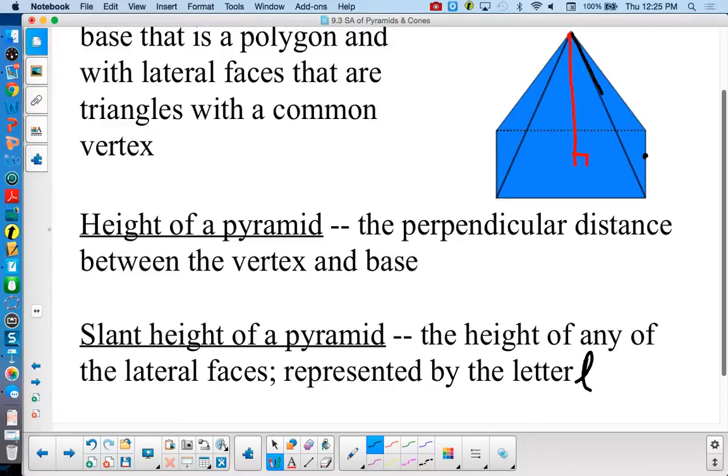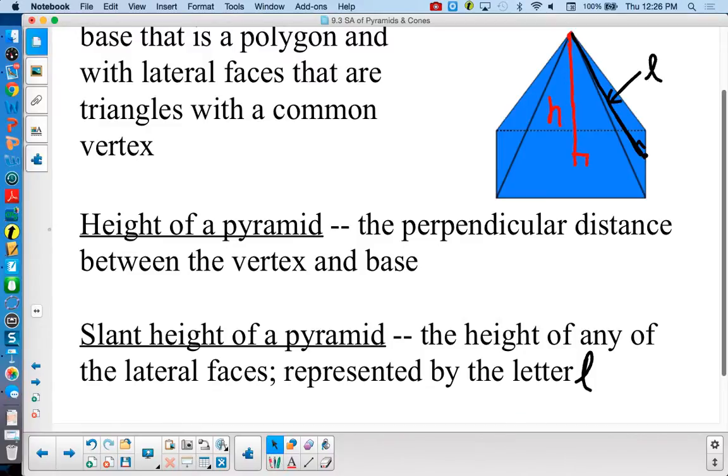It's perpendicular. It's not going very straight. I'm trying to stay out of your way, so I can't draw very straight that way. So this one that's going to the side, that's your slant height. The one that went perpendicular to the top, that was your actual height.